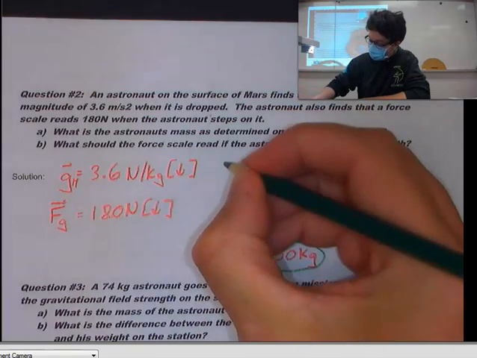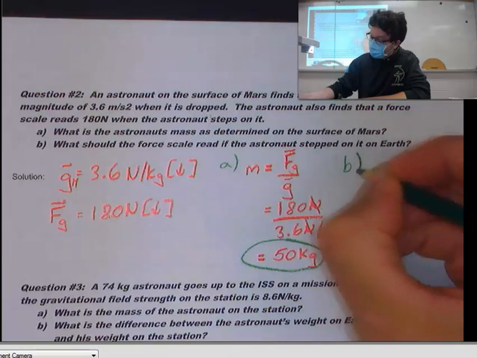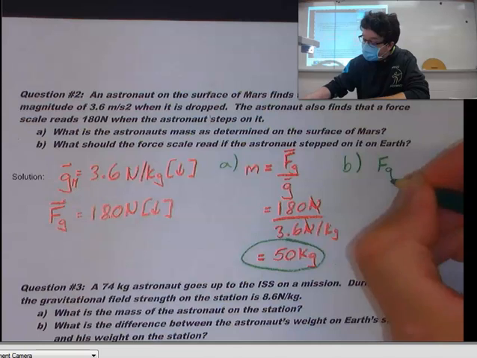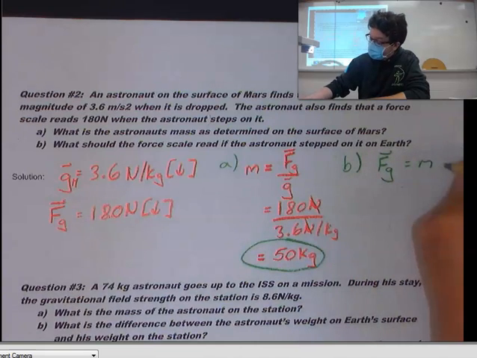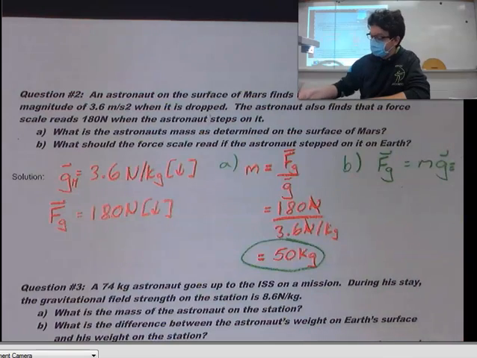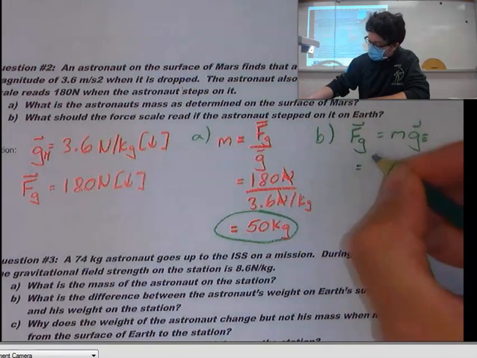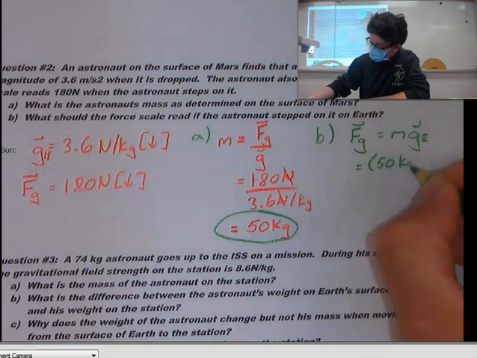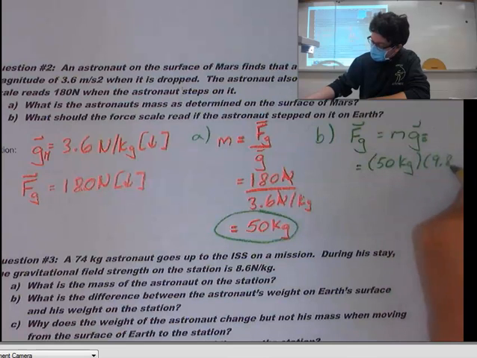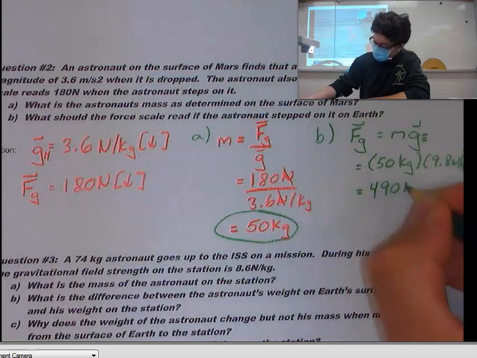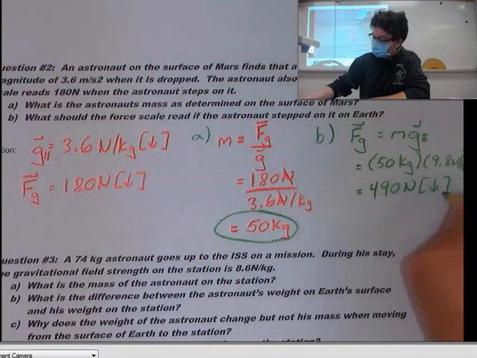So for part B, this is A. If we're back on Earth, we can calculate their weight, or the force of gravity acting on them, by taking their mass and multiplying it by the gravitational field strength for the Earth, which we know is 9.8 newtons per kilogram. So that equals 50 kilograms times 9.8 newtons per kilogram, which gives us an answer of 490 newtons down.